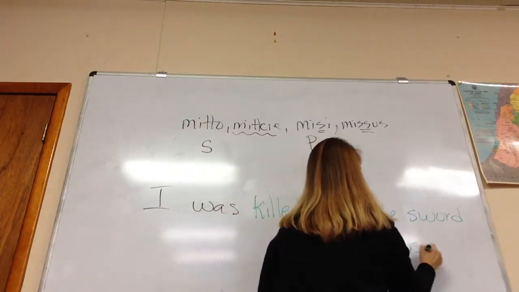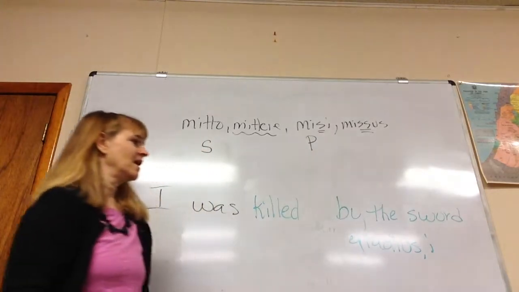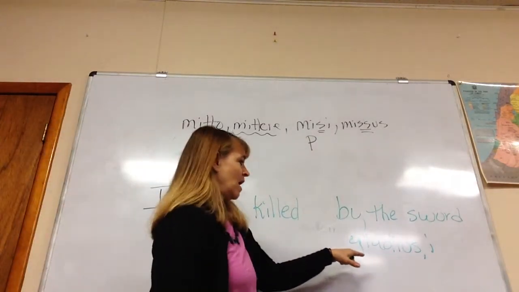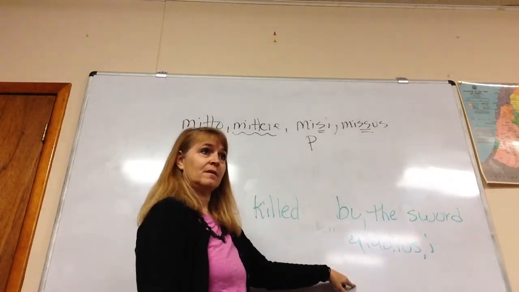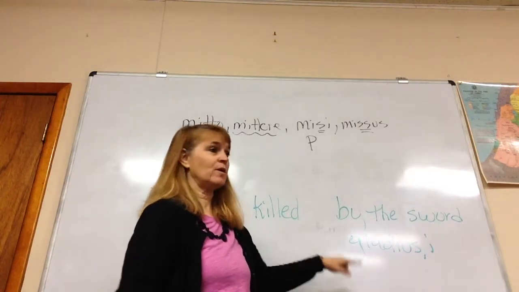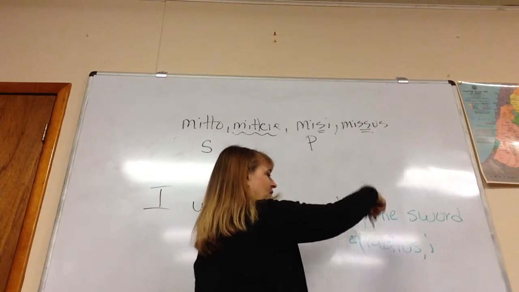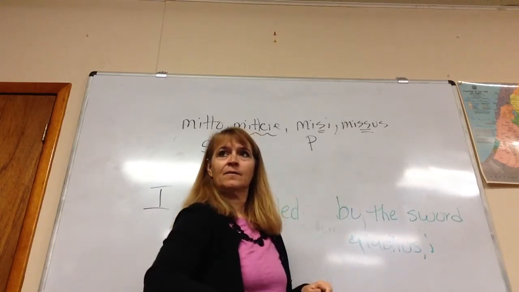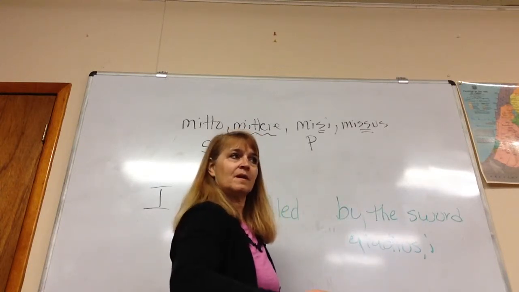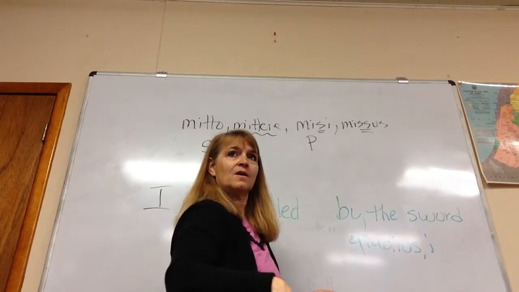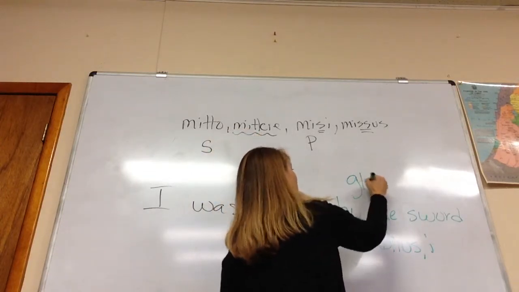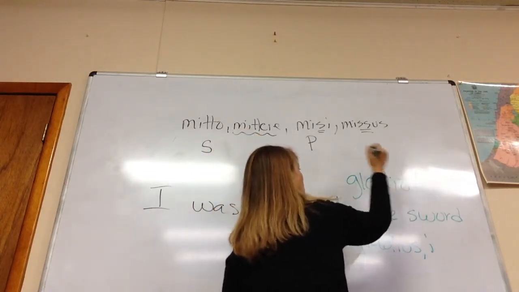And I love how somebody just gave me it in the nominative. So am I going to use a or ab? Ablative of means? No, it's not a person. I don't need it. So what's the ablative of gladius? Gladio.